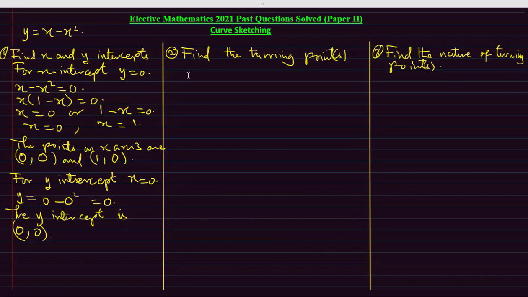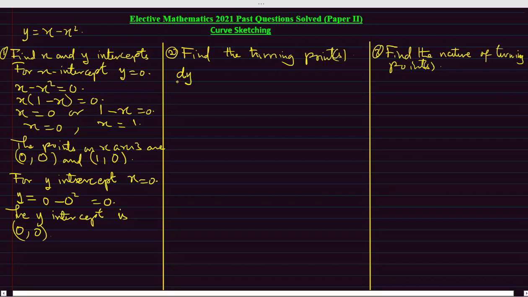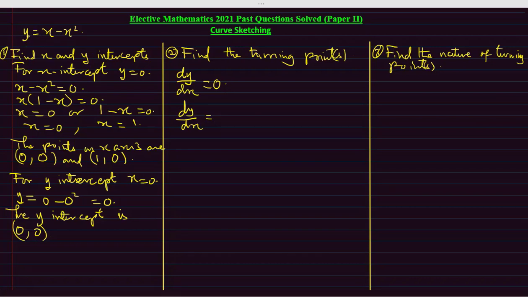Secondly, we will need to find the turning point. At turning point, dy over dx equals 0. Let's differentiate y with respect to x. When we differentiate x, we have 1.